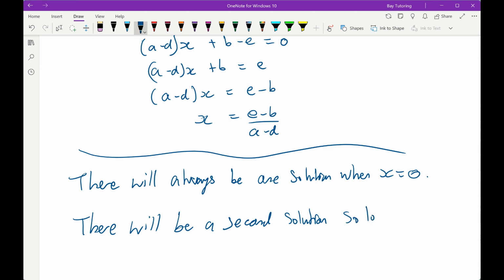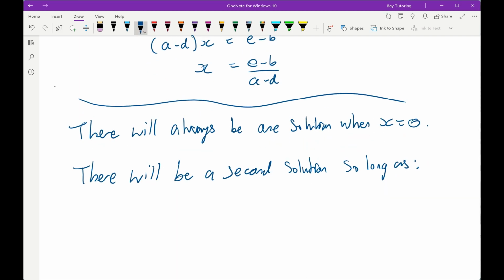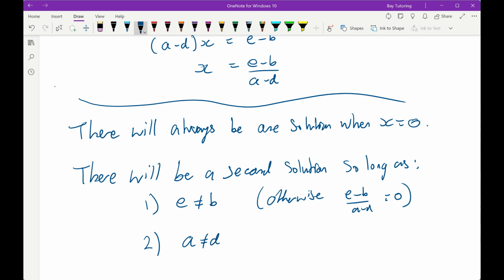So long as, well, first of all, the one we just said, so long as e is not equal to b, otherwise e minus b over a minus d equals 0. And then again, that would just be the same solution. And so long as a does not equal d as well.